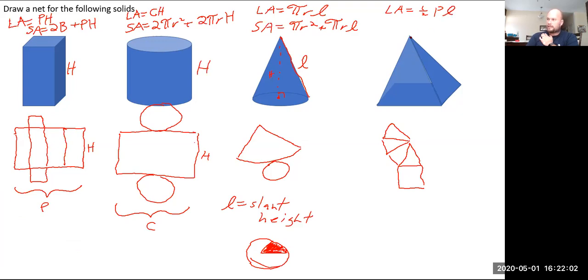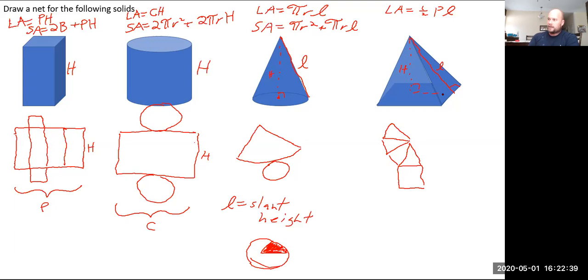So if I draw that in, the slant height here is what we need to use when we're doing the lateral surface area, not the height. So I'll have to go back and check to see if I had made any other mistakes with that earlier on. I think I did. So I'll have to fix that and talk about that during class because that was a mistake.